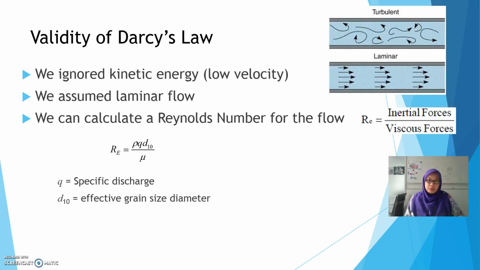In groundwater we usually use dynamic viscosity, which shows something being pushed sideways with shear stress. Apart from that, we also have to specify the specific discharge area and the effective grain size diameter, if we want to go into details of the groundwater flow.